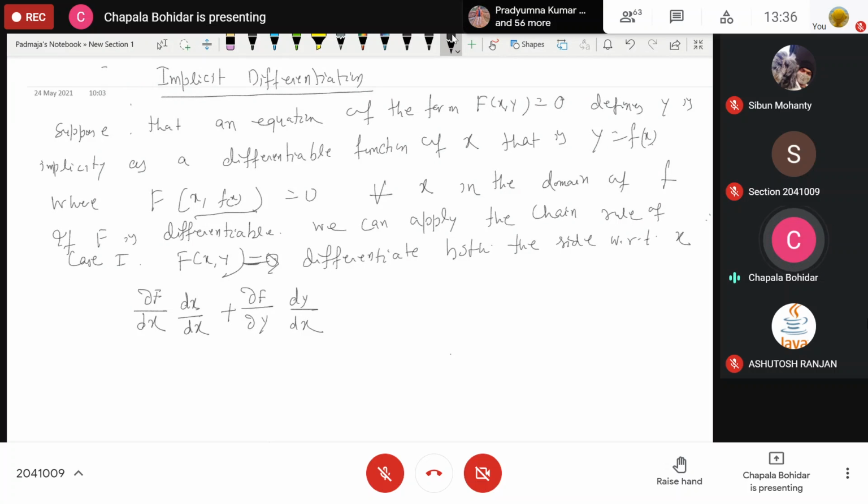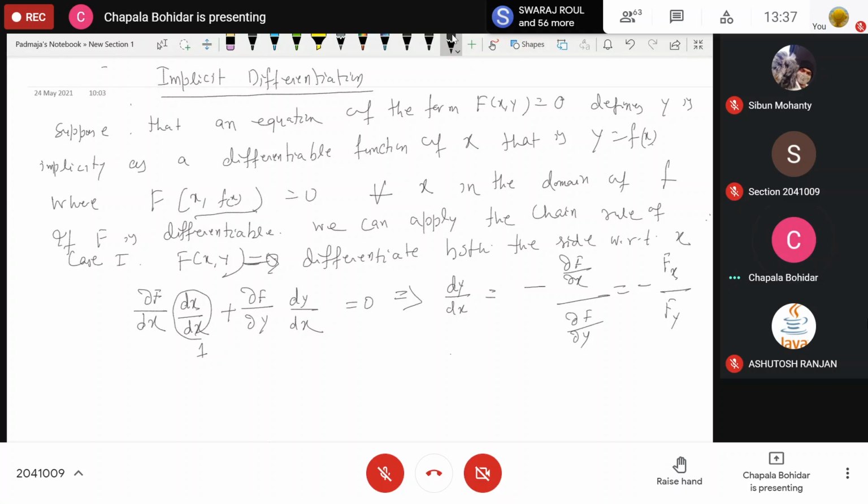This implies is equal to 0. From here we'll get dy by dx is equal to minus of del f by del x divided by del f by del y, which I can write as minus fx by fy.